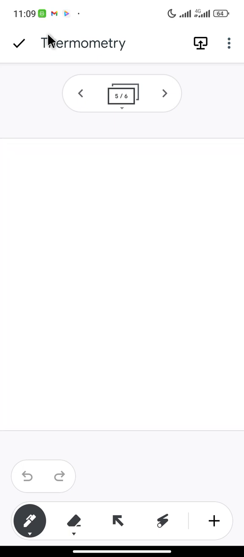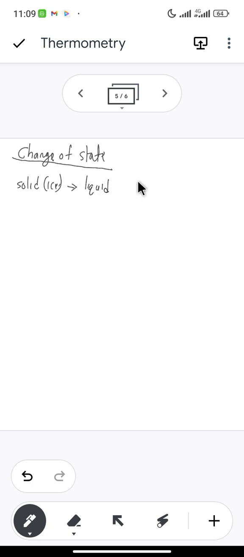So the next thing we're going to talk about is change of state. Now you have to know that when you change state from solid, let's take ice as an example, water as an example, when you change it from solid to liquid, it is called fusion or melting.